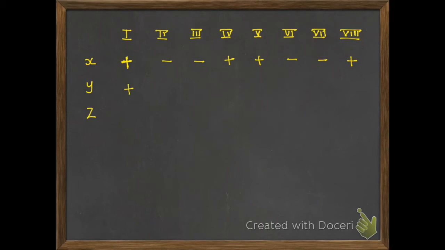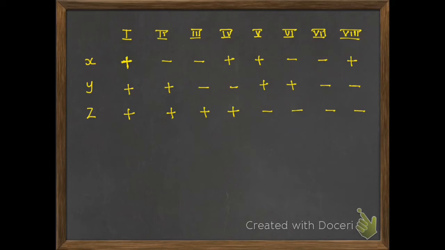This is plus, plus, 2 plus, then 2 minus, 2 plus, 2 minus. And the last one is the easiest. It is my favorite because it is plus, plus, plus, plus, straight 4 plus signs and 4 minus signs.